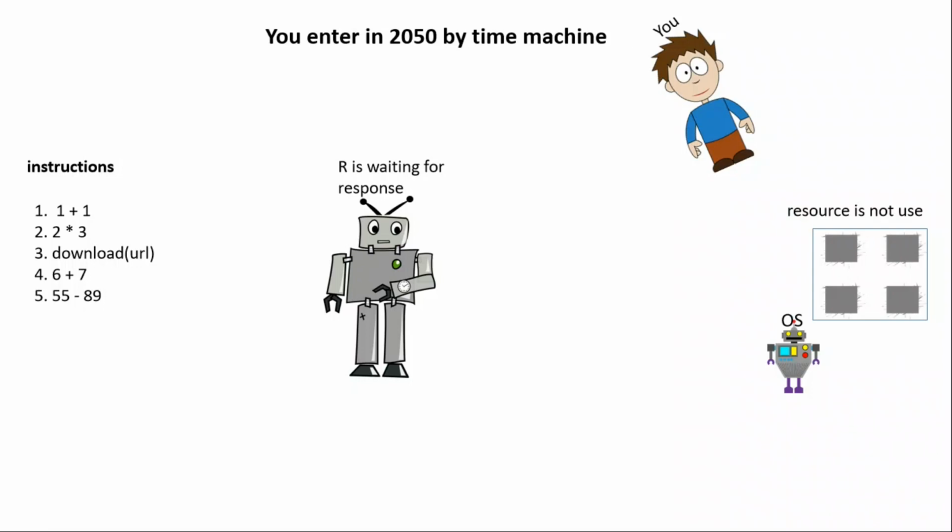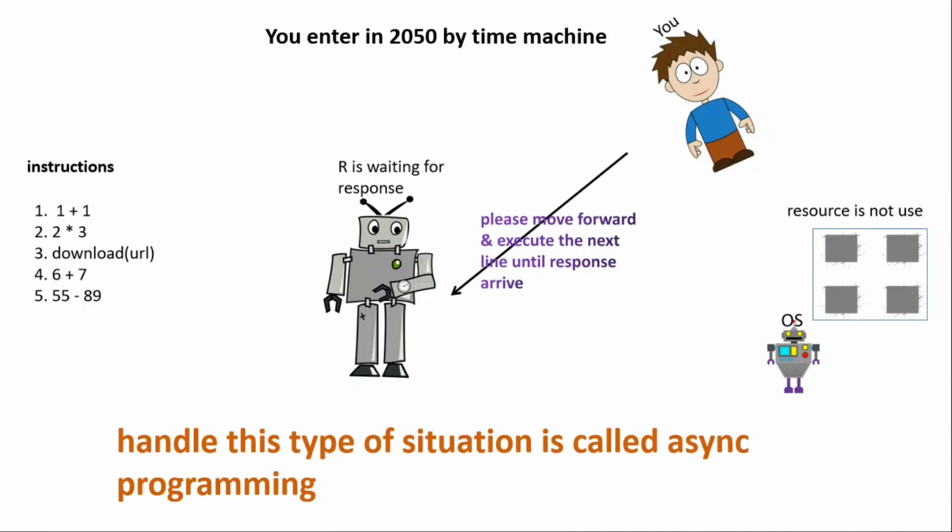It doesn't execute the next line until it receives the response. And you have to tell R, please move forward and execute the next line until the response arrives. Handling this type of situation is called asynchronous programming in the computer world.